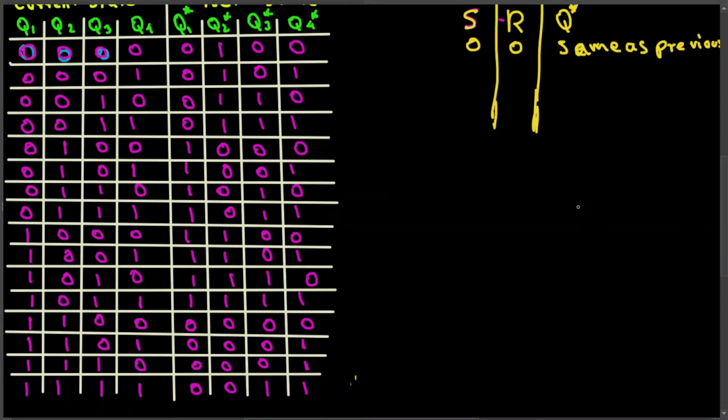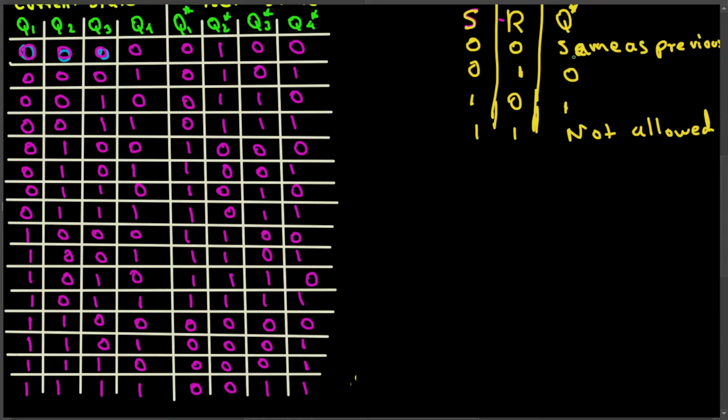And when the S is 0 and the R is 1, this is 0. When the S is 1 and R is 0, this is 1, and 1 1 is not allowed. Okay, this is the truth table for the SR flip-flop.